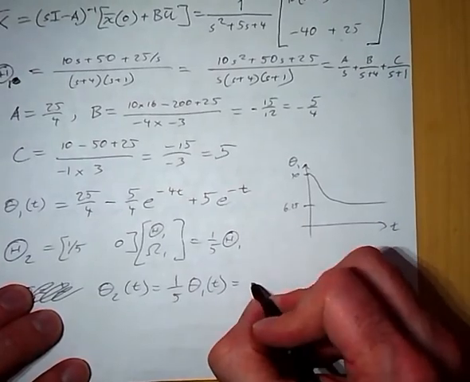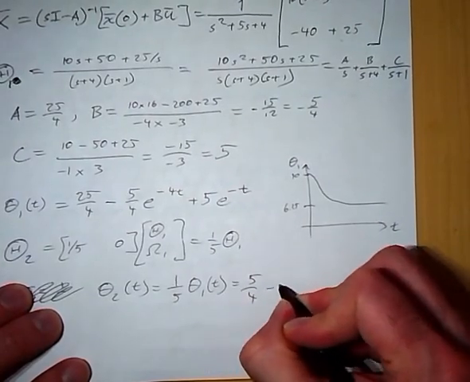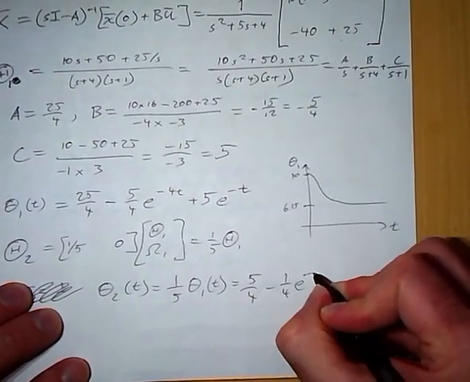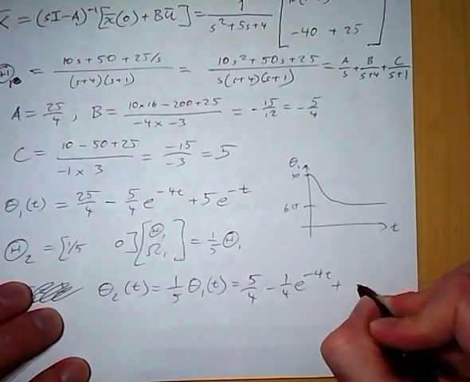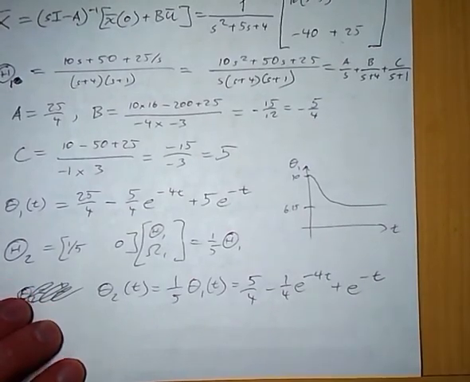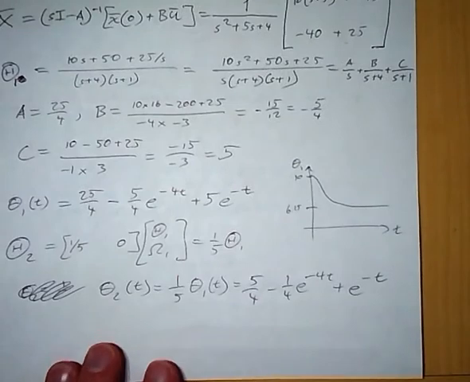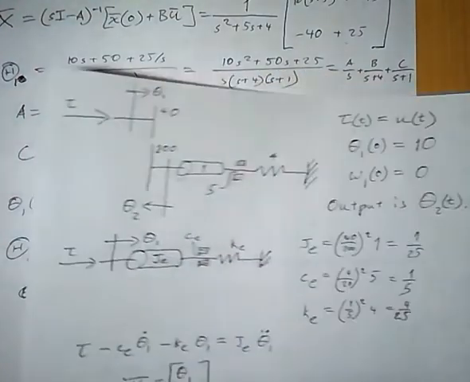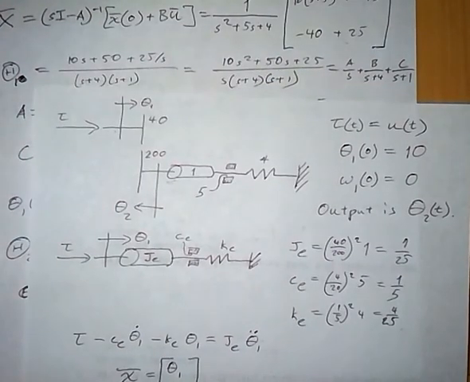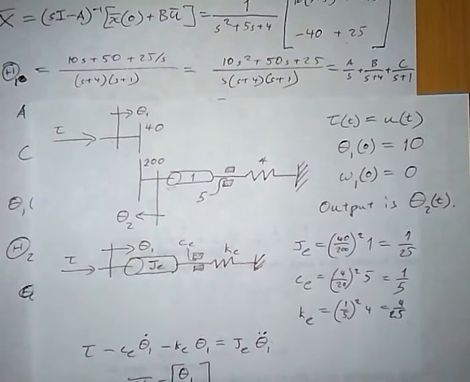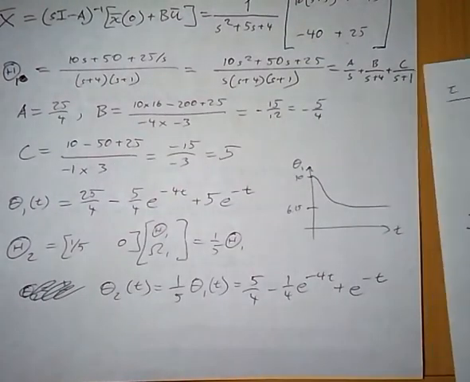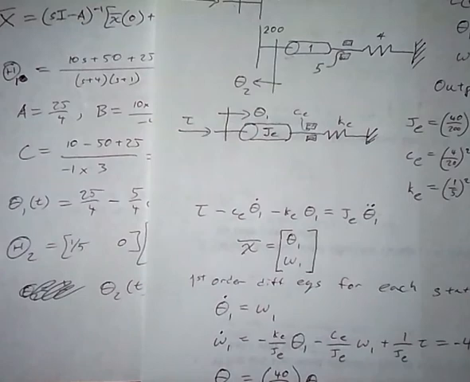So that's equal to 5 fourths minus 1/4 e to the negative 4t plus e to the negative t. And that is the solution for finding the output to this rotational mechanical system using state space representation and the Laplace transform of the state equations.